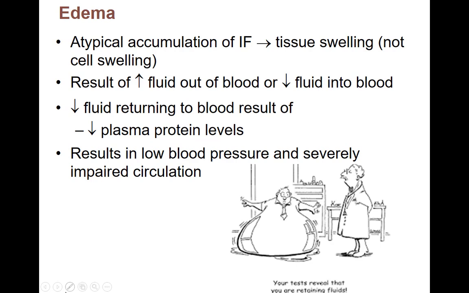The blood can't get everywhere it needs to go. All that fluid should be in your blood. Your blood's mostly water, but instead it's in all of this tissue. And so they're usually going to give you some type of diuretic to try to get some of that fluid back into the urine and out, or into our blood supply.